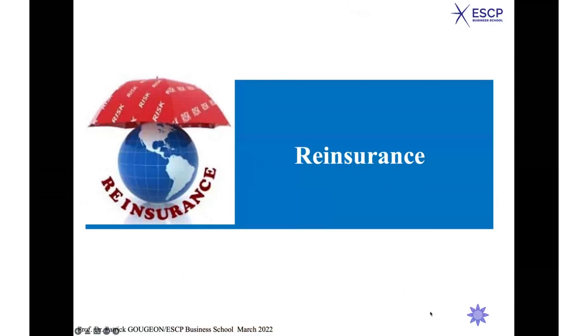I told you that there were difficulties for low frequency, severe risk, also for the effect of correlation and so on, which makes it difficult for insurance companies to price the risk. Well, as I told you also, they can go beyond what each company could do individually through reinsurance.